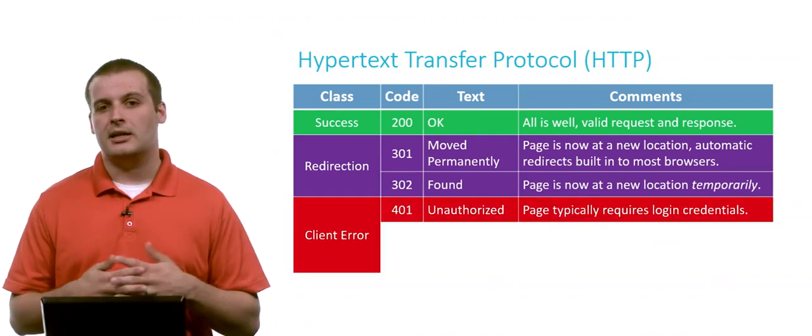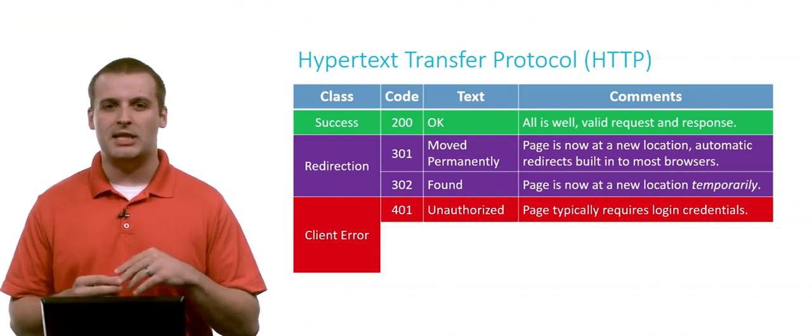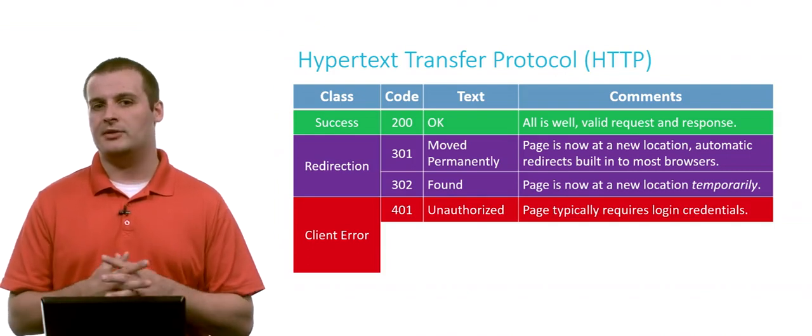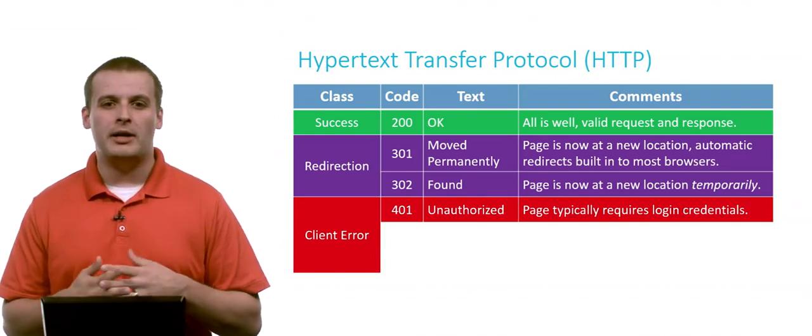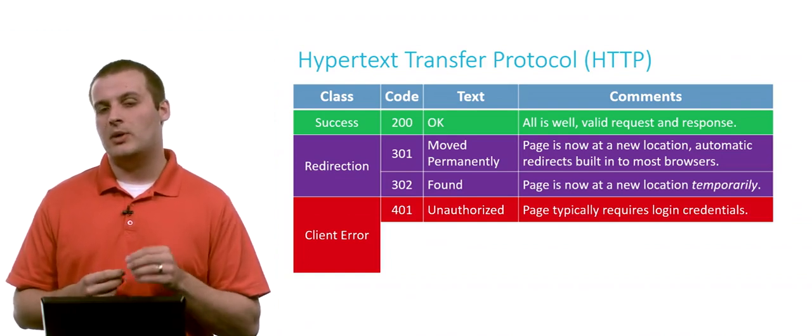Then you'll get things like client errors. So these are ones you've probably seen now. You probably haven't seen the 200s or the 300s, but you're probably familiar with the 400s, and as we'll talk about in a second, 500s as well. You might see 401 unauthorized. Usually this means you're trying to access a page, but you haven't logged in.